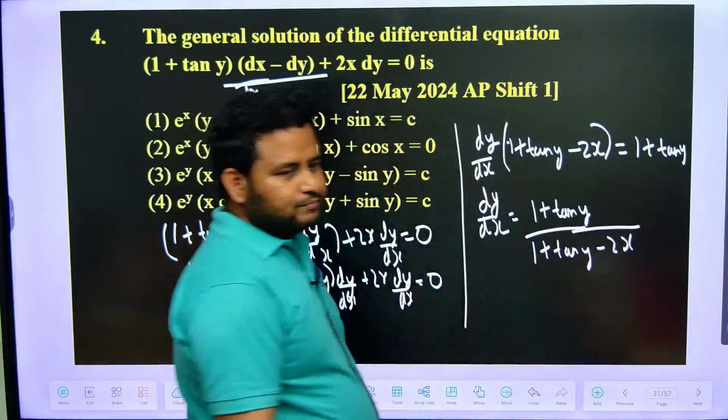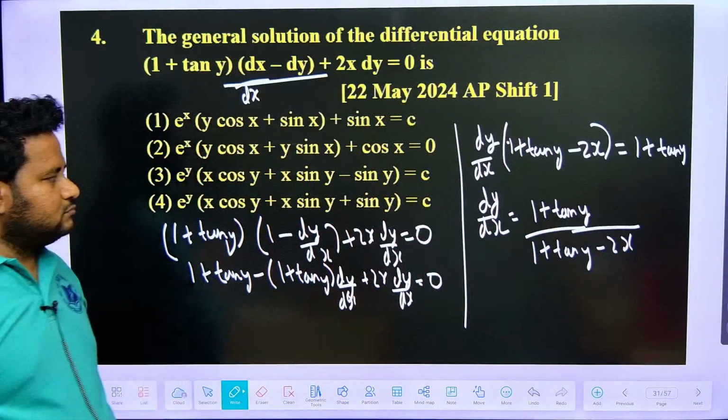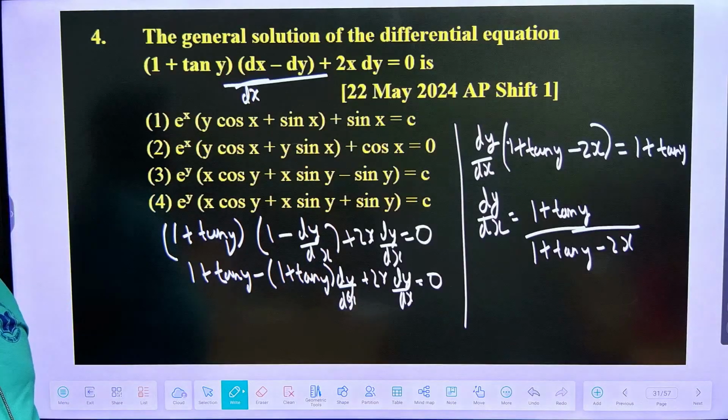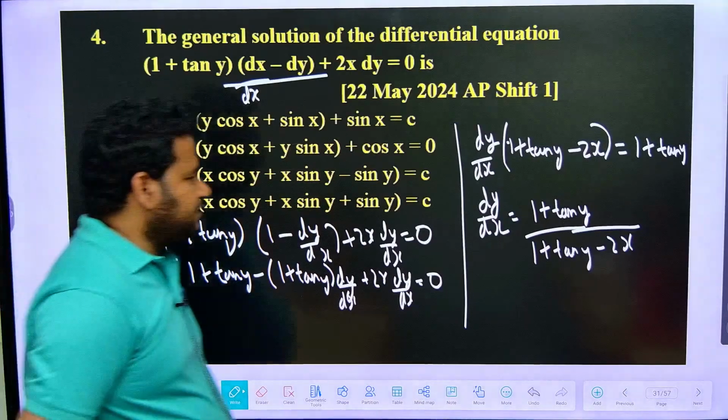Further what we can do? What method can we follow now? See, wherever tan y is there, you can apply sin y by cos y. So sin y by cos y will give us what?